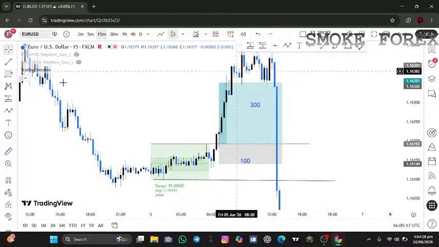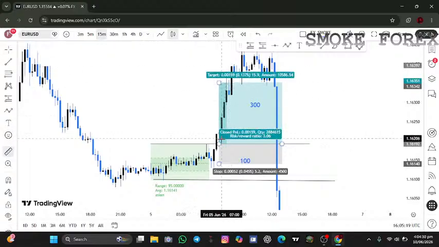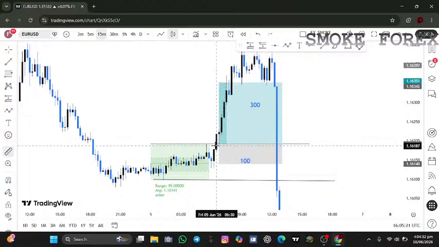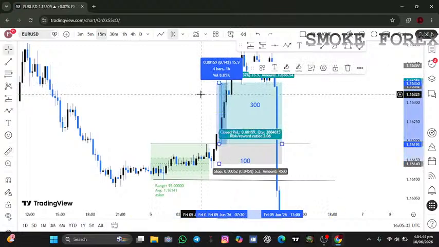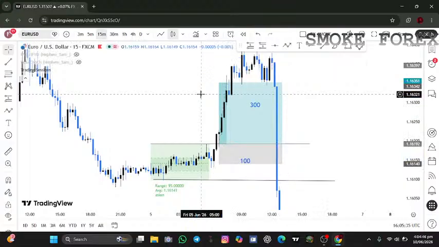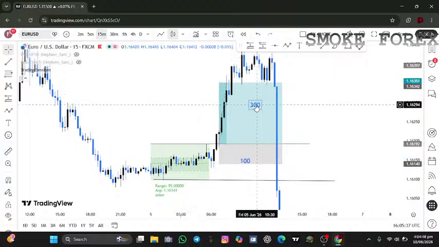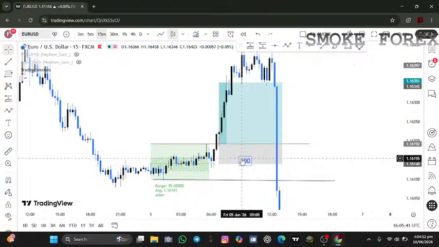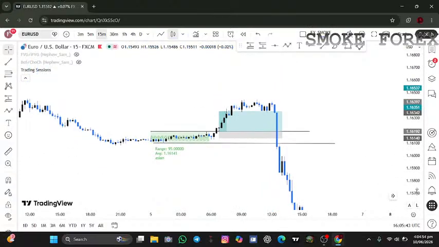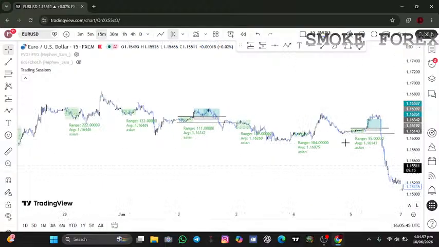You can see clearly this move took only, let me see, 1 hour 30 minutes. It took only 1 hour 30 minutes to do this move. Very simple, straightforward strategy, the Asian breakout strategy. So let's go through a few examples.